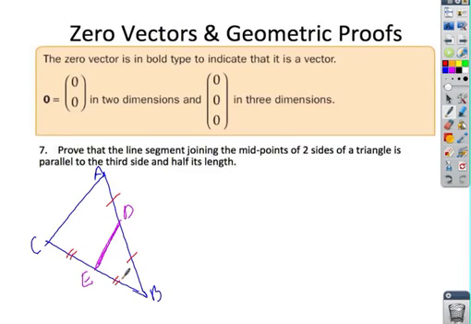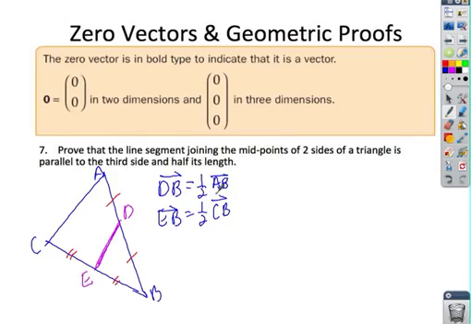So there's a couple of vectors that we can set up to do this. Some of the things that we know in terms of vectors is that vector DB is actually half of vector AB. All right. We know that vector EB is also half of vector CB.